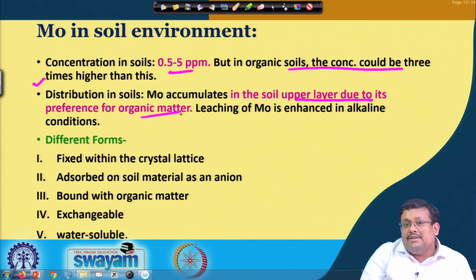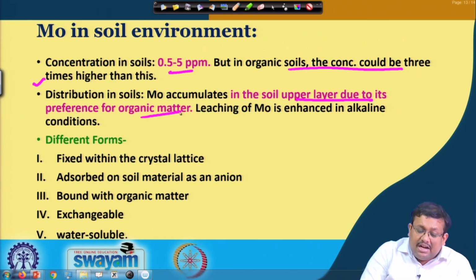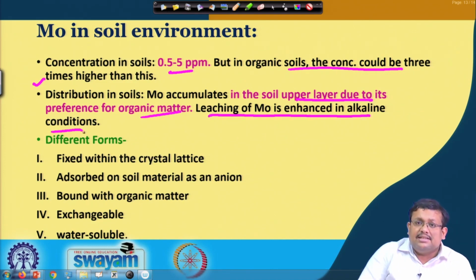One important pattern you have seen is that most trace elements like copper and lead have high affinity towards organic matter. Molybdenum also has a similar kind of affinity, so it tends to get bound by organic matter due to the chelation action, and leaching of molybdenum is enhanced in alkaline conditions.